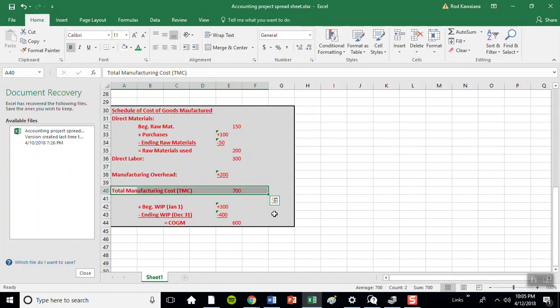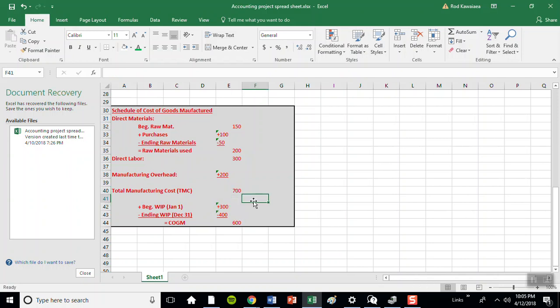Now that we have our TMC, we'll add, say, $300 of items that are our beginning work in process. These are items that are being made at the moment, aren't ready for sale. So that's $1,000 between total manufacturing costs and beginning work in process.